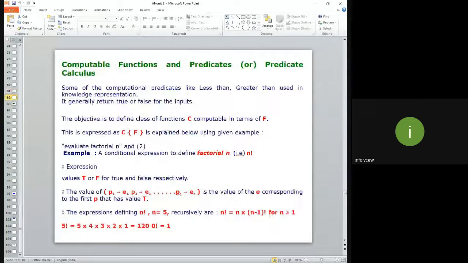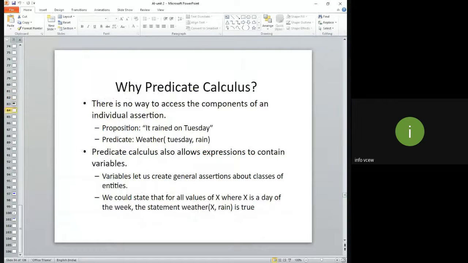So why do we need predicate calculus? What is the meaning of predicate? I'm asking the normal meaning of predicate.